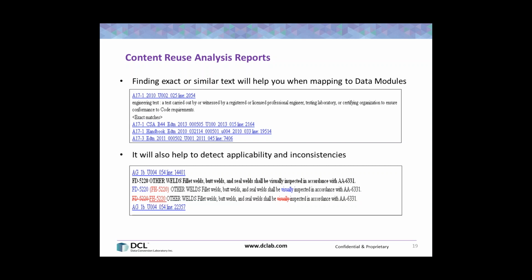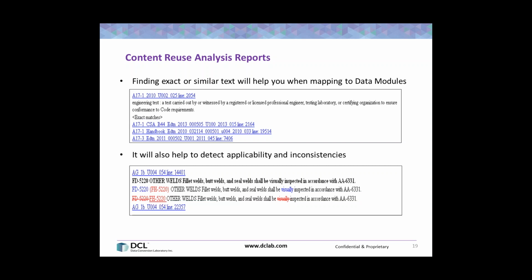The first paragraph discusses model number FD-5200, and the second paragraph discusses a different model number, FH5200. In this case, you still can reuse the paragraph, but use applicability to distinguish between the 2 models.